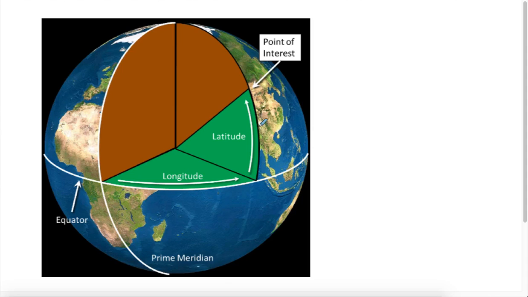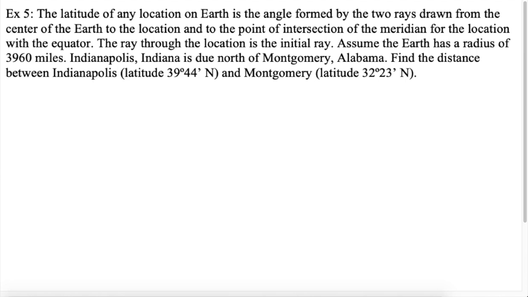If two cities are due north and south of each other, I can just find the arc length. I can essentially make Earth two-dimensional and find the arc length from here to here.